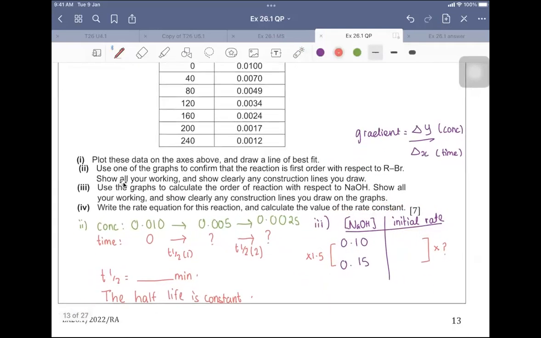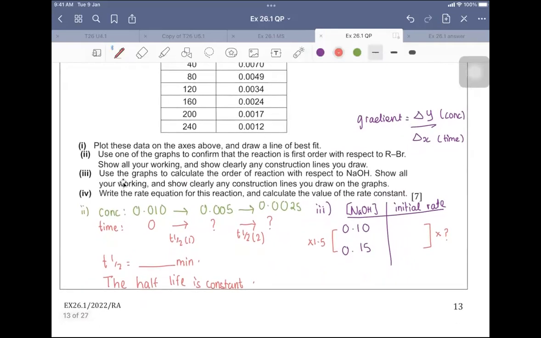Then you can conclude that the order with respect to sodium hydroxide is blank. Reason: as concentration increases by 1.5, the rate, and then you just continue, whether it increases, stays the same, or whatever.